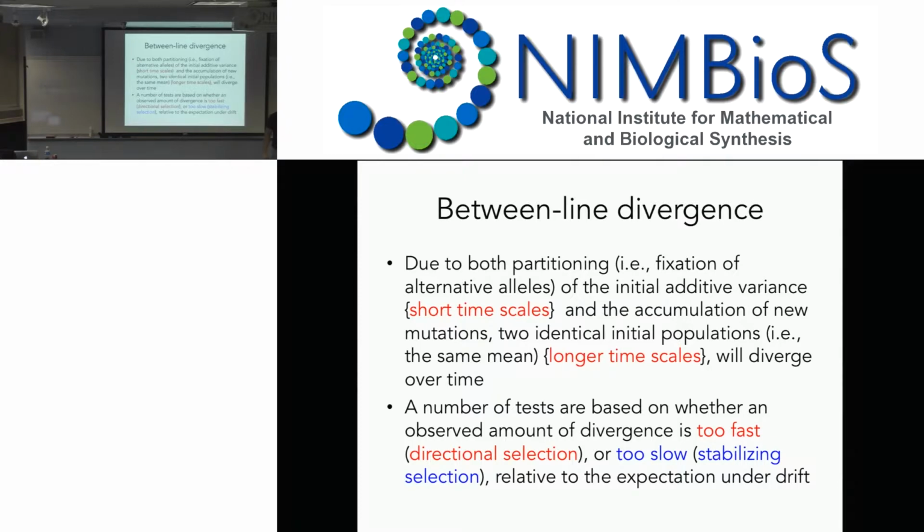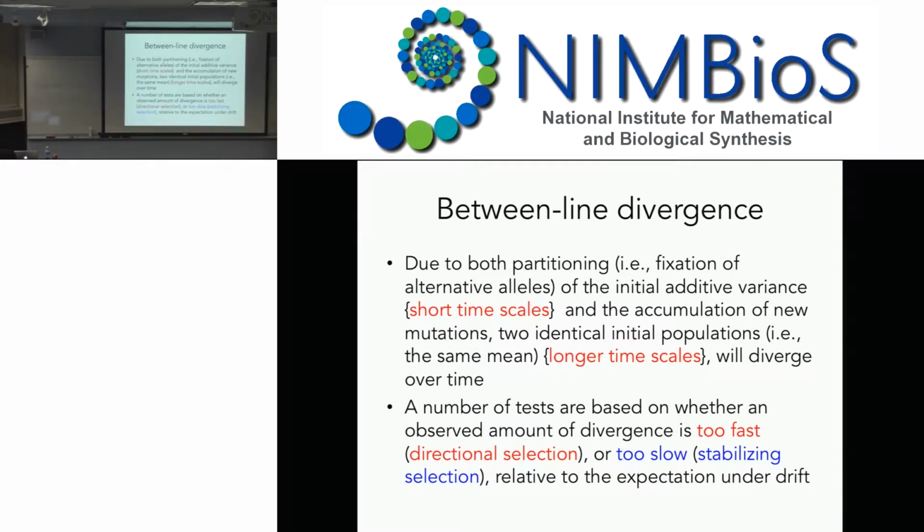That requires me to have some idea about the effective population size or the mutational variance. Likewise, I could observe the divergence is too slow. I'm not seeing as much divergence as I want. Stabilizing selection can account for that. So how do we then determine what the scenario is? Is it too much, too little, about what we expect?